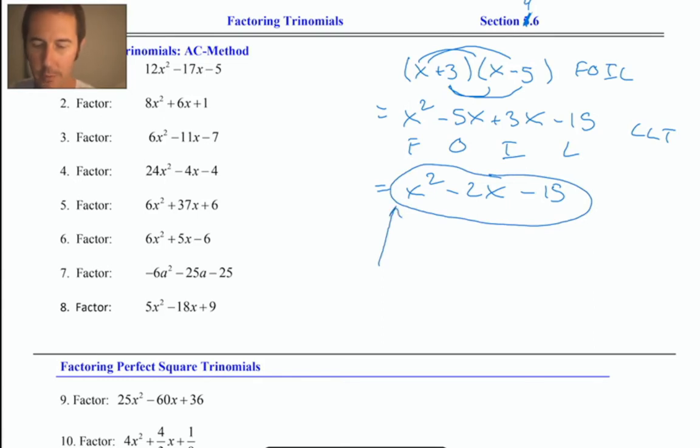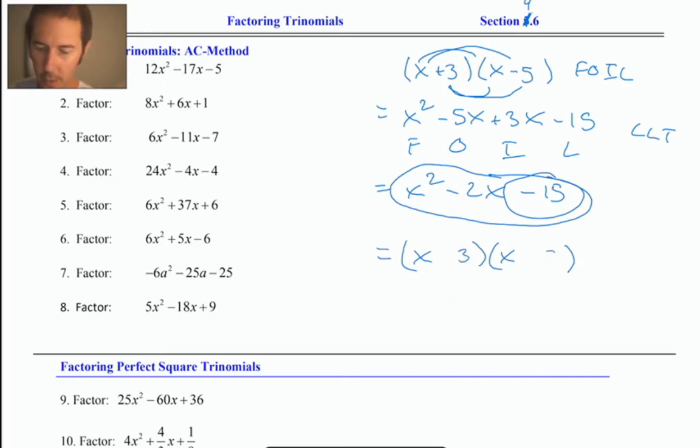When the leading coefficient is a 1, like it is here, and it says 1x squared, usually we go directly to a wireframe of what we know the answer is going to look like, and it leads with an x squared, so we put in an x and an x, and then we ask ourselves, what two numbers multiply to get negative 15? Could be 1 and 15, or 3 and 5. Ooh, a 3 and a 5. For some reason, that resonates with us because 3 and 5 are only 2 apart from each other.